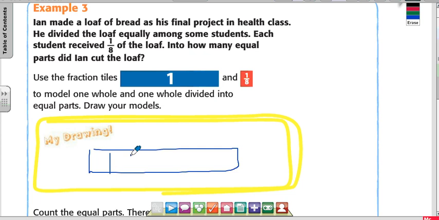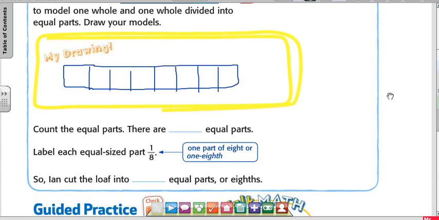One, 2, 3, 4, 5, 6, 7, 8. 1/8. So count the equal parts. How many equal parts are there altogether? 8. Label each equal part 1/8.